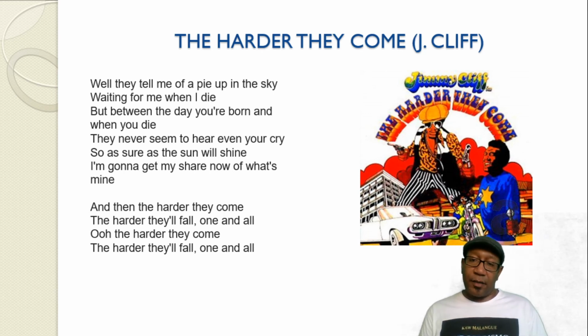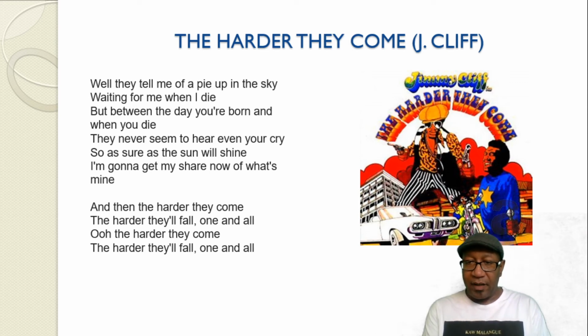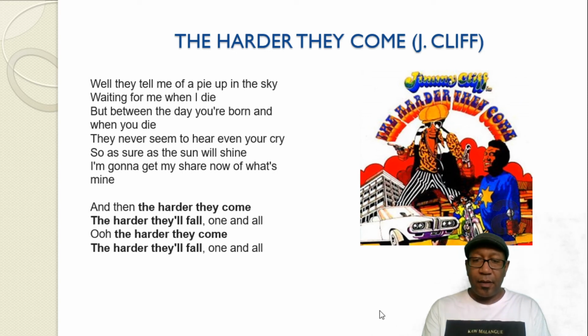And The Harder They Come is not just a song, but also a movie, starring Jimmy Cliff, and this movie is about the Jamaican gangs and how they act in Kingston, the capital, and other places.